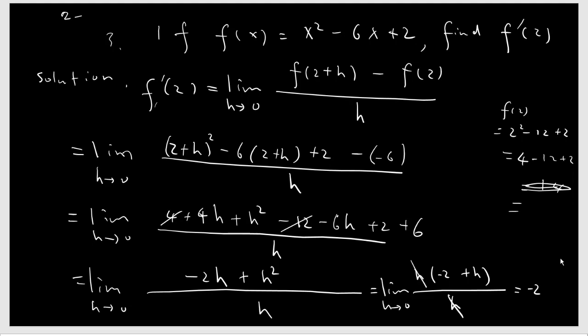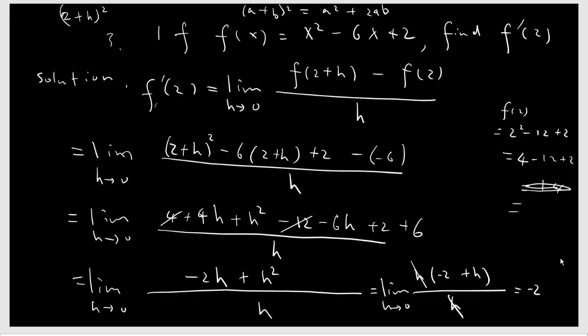So listen to me. I'm trying to use this formula to expand. So the general formula is a plus b, the whole thing squared equals a squared plus 2ab, and then plus b squared. So a value is 2, b value is h. A squared is 2 squared, which is 4, right?